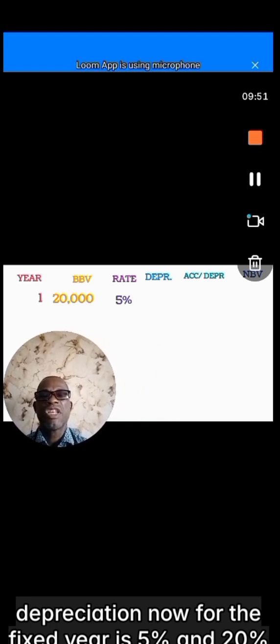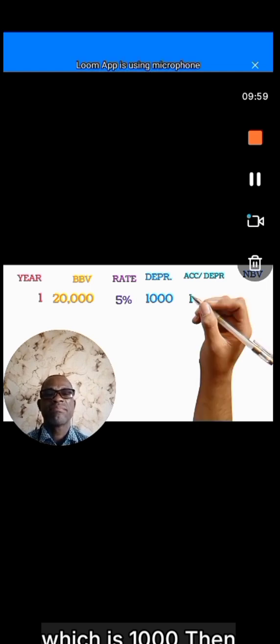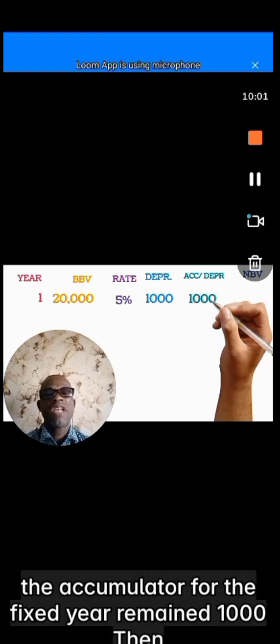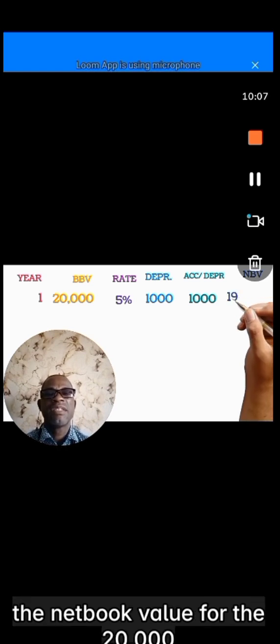The depreciation rate, as calculated earlier, is 5%. And the depreciation for the first year is 5% times 20,000, which is 1,000. Then the accumulated depreciation for the first year remains 1,000. Then the net book value for the first year is 20,000 minus 1,000, which is 19,000.